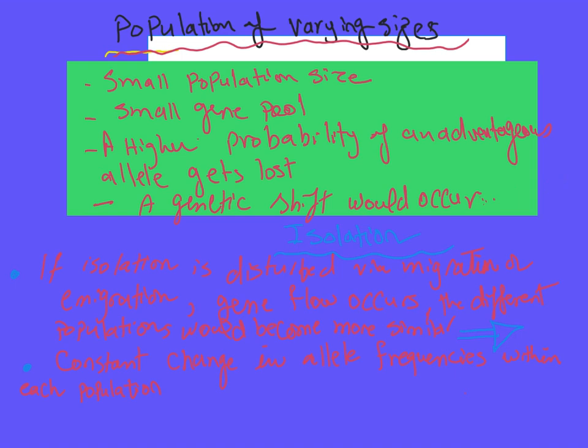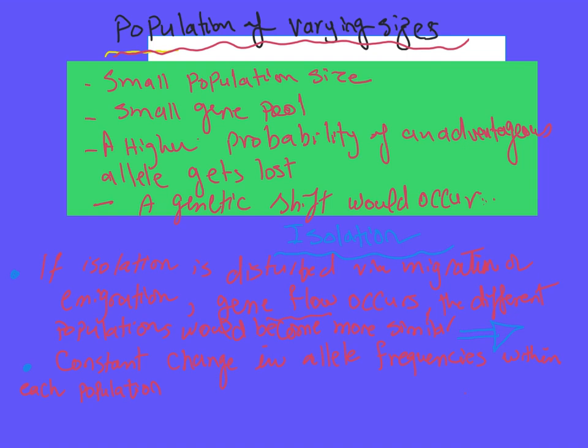Isolation. Remember that isolation was one of the points that should be maintained in a population in order to ensure Hardy-Weinberg genetic equilibrium. But if isolation is disturbed via migration or immigration, here gene flow occurs between different populations, meaning that genes can flow from one population to another, and the organisms are going to become more similar.